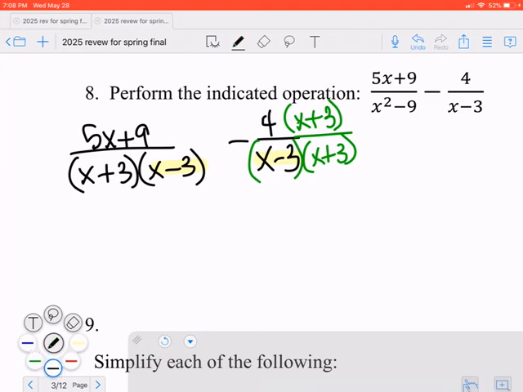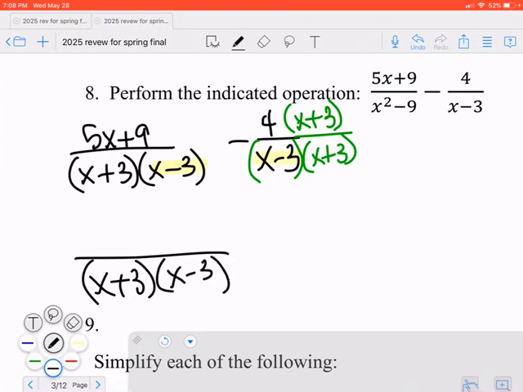So our denominator now, x plus 3, x minus 3. And now we're going to do the operation to the numerator. 5x plus 9 minus 4 times x plus 3.